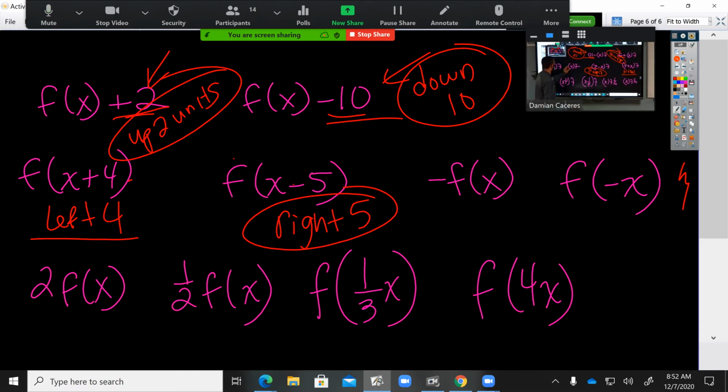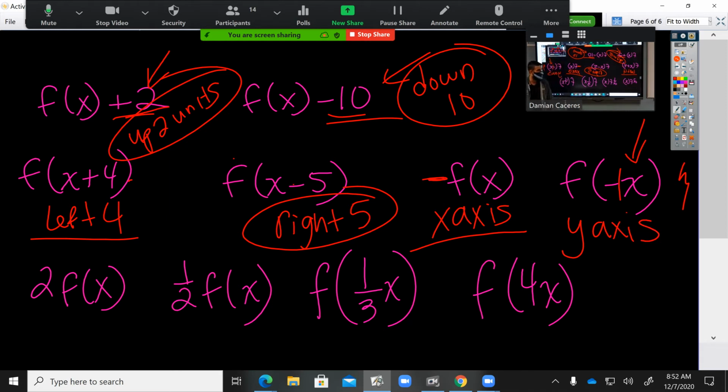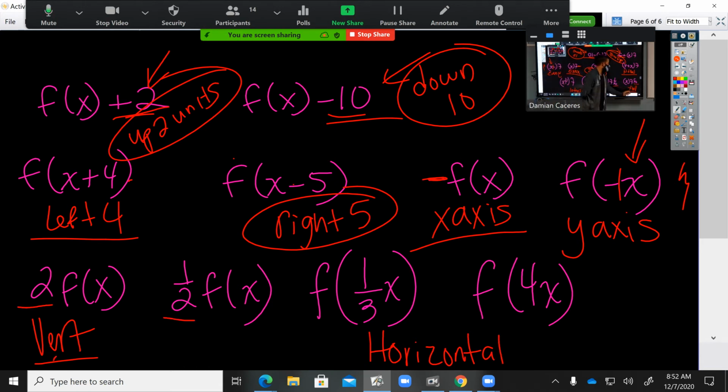Everybody with me? Now here, when the negative is outside of the parentheses, it's an x-axis reflection. When the negative is inside the parentheses, it's a y-axis reflection. So we already got most of those answers. Now on the bottom, you either had a vertical compression or stretch, or a horizontal compression or stretch. So if the number is outside the parentheses, we're going to call it vertical, and vertical is normal.